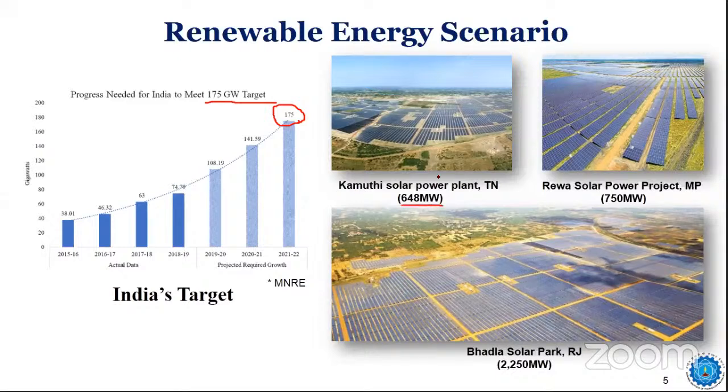You can see the Kamuthi solar power plant. Many large numbers of panels are spread over a wide area, and that is producing 640 megawatt of power. Now if you want to install a 1 kilowatt solar panel system on your rooftop, because people are now developing many rooftop based solar power plants, or solar parks, you can say.